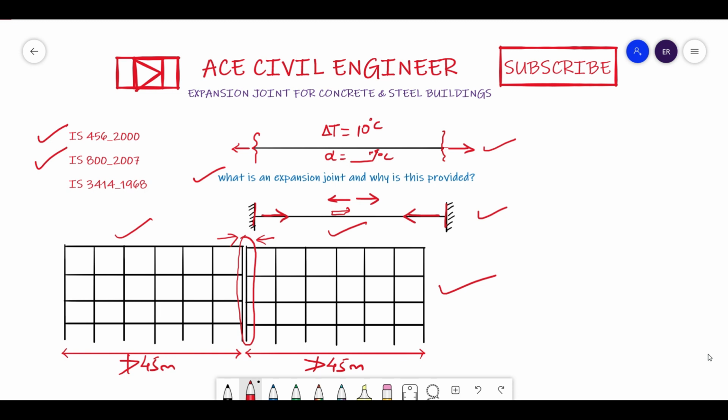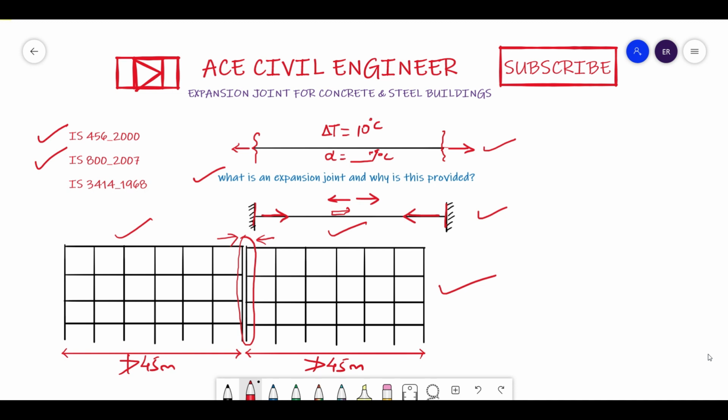So what you need to understand here is that, considering various factors involved in deciding the location, spacing, and nature of expansion joints, the provision of the expansion joint in RCC structures should be left to the engineer's understanding or the engineer's wish. But at the same time you also need to consider that this should not be greater than 45 meters, and certain factors also depend, friends.